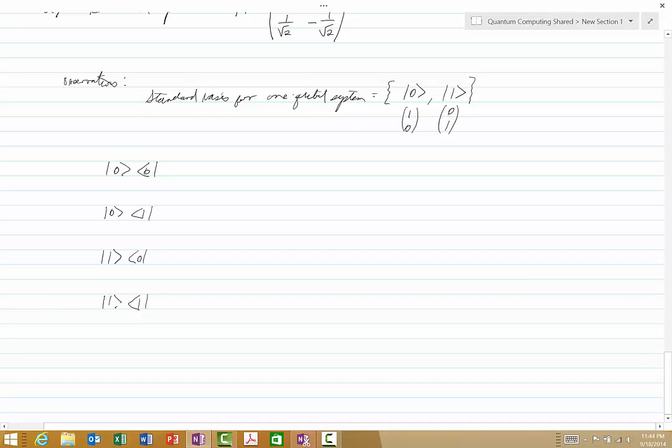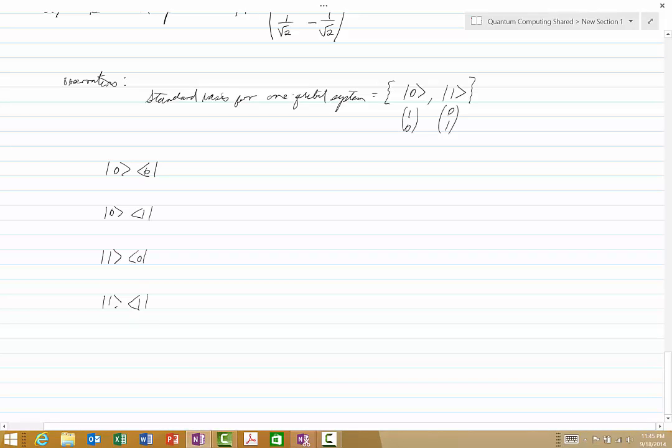Those are 4 operators that form a basis for the set of all the operators that we could have operating on this 1-qubit system.